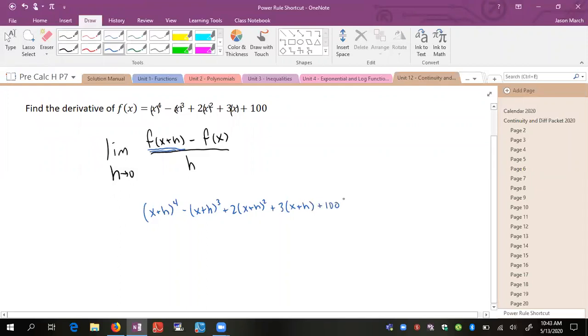So that's f of x plus h. Minus f of x, well, that's x to the fourth minus x cubed plus 2x squared plus 3x. So that's just rewriting the function, and again, all over h.